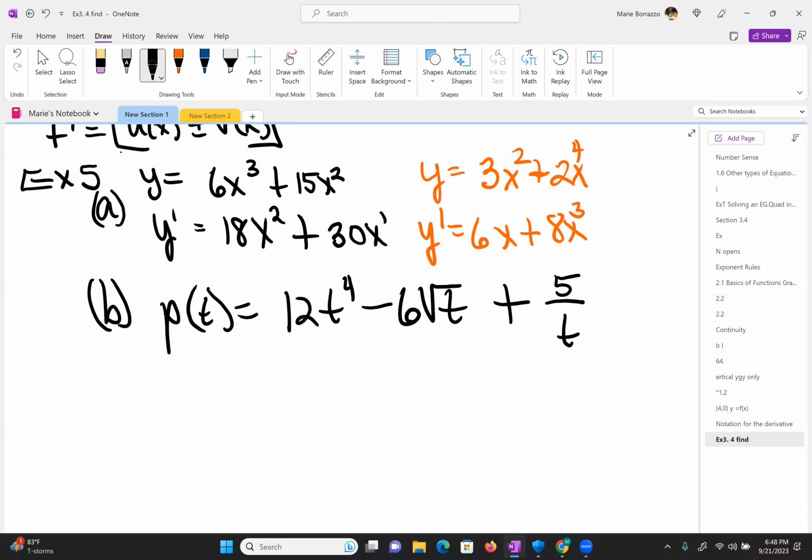Do you want me to give you a minute to see if you can get it? They simply want you to find the first derivative. Notice this one doesn't have just 2 values. It has 3 function parts. You want to try it on your own? Because we've done all of them, all 3 types.